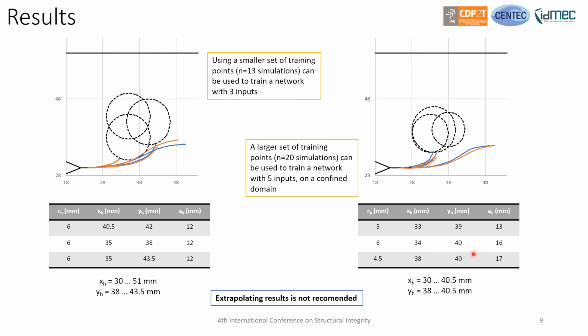We were also able to divide the training data into smaller subsets, like using only 13 simulations to predict crack propagation on a problem where only the position of the hole is changed, or using a different subset of simulations to predict crack propagation with 5 inputs, so the hole position, the hole dimension, and the initial crack length, in order to accurately predict fatigue crack propagation.